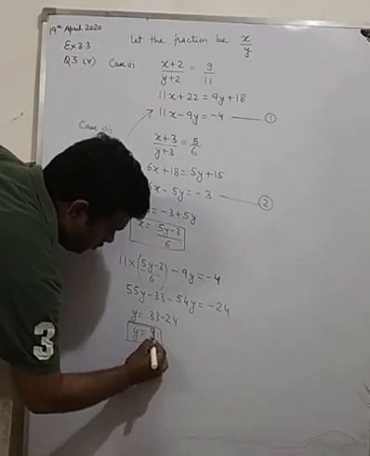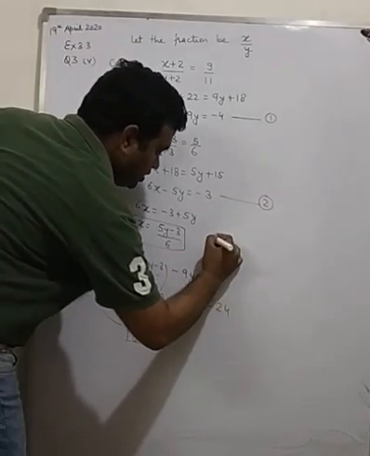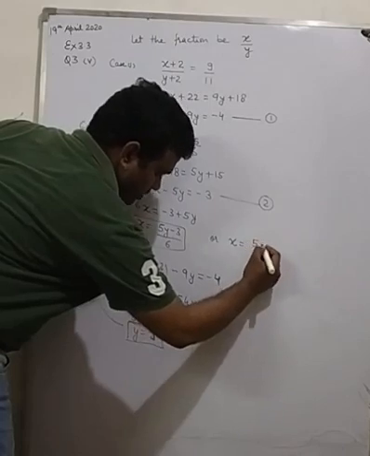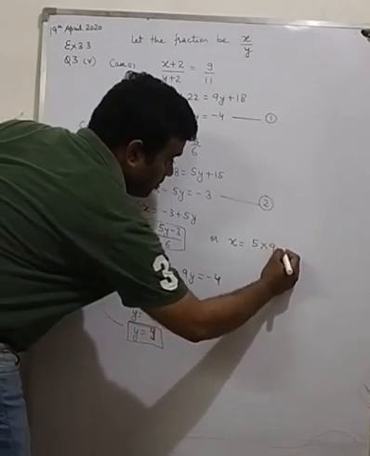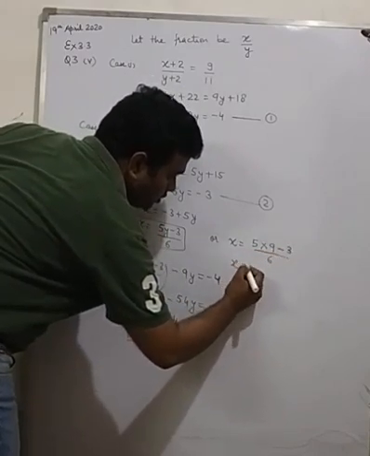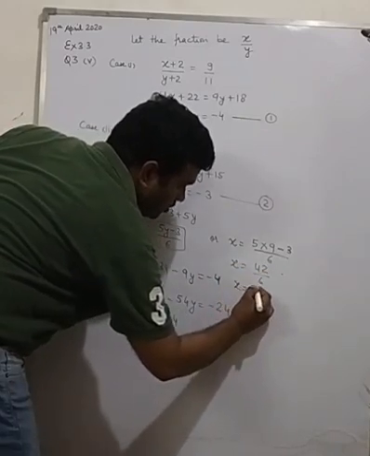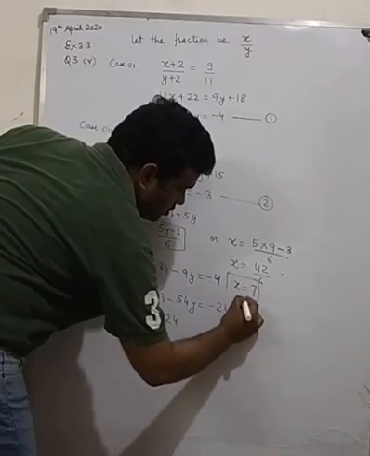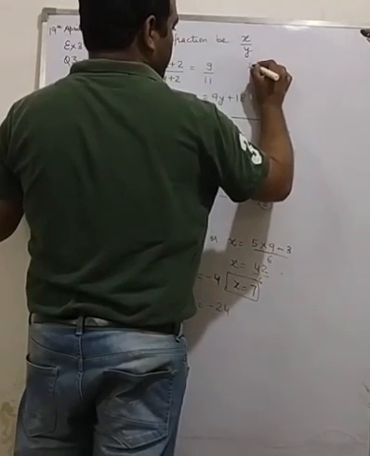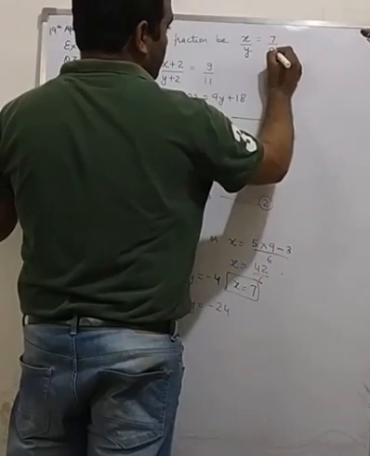If we put this value of y from here in x, so x is equal to 5 into 9 minus 3 upon 6. So x is equal to 42 by 6, or x is equal to 7. So from here, if you put the value of x and y, the fraction will be 7 upon 9.